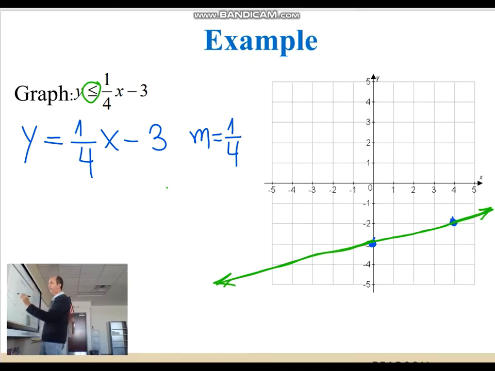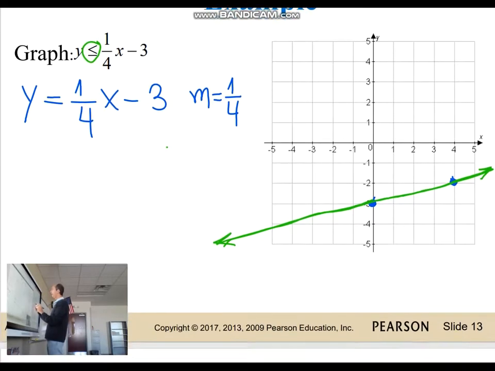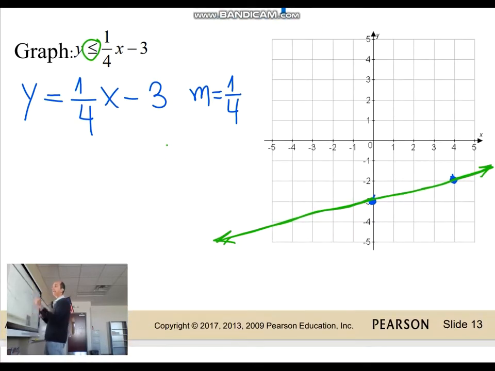And our friend here, the point, the origin, x equals 0, y equals 0, can we use it to check as a testing point? Yes, as long as it is not on the line, on the boundary, we can use it.